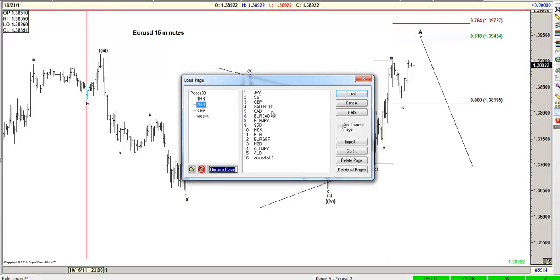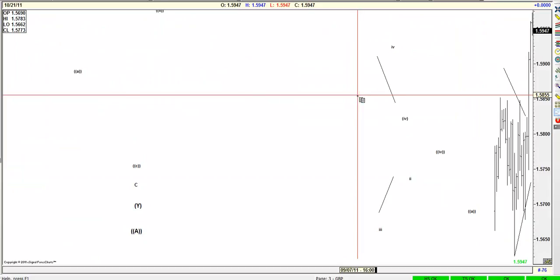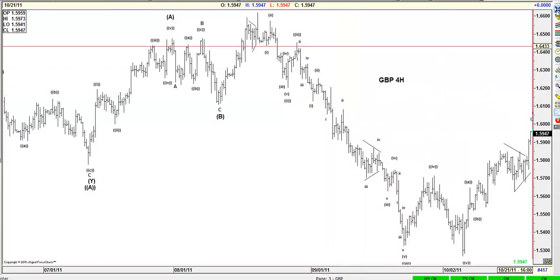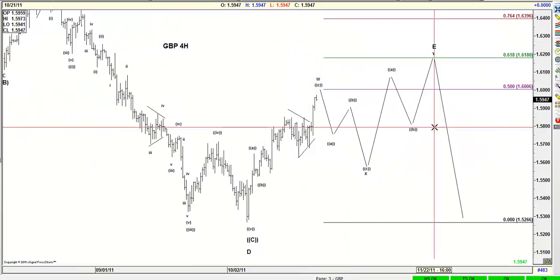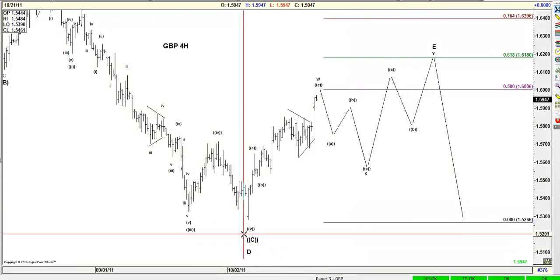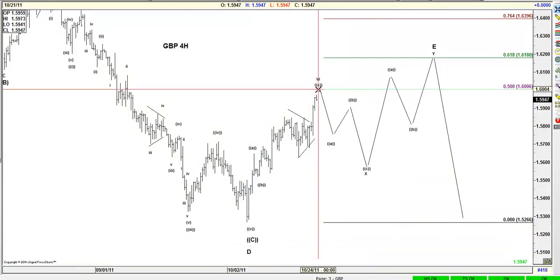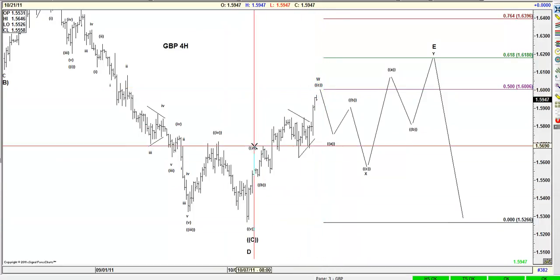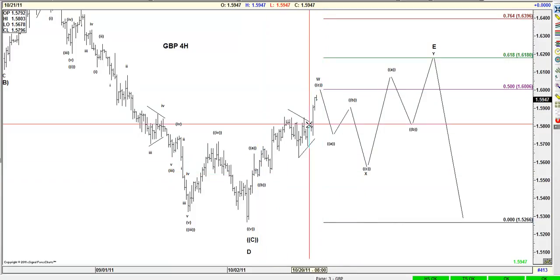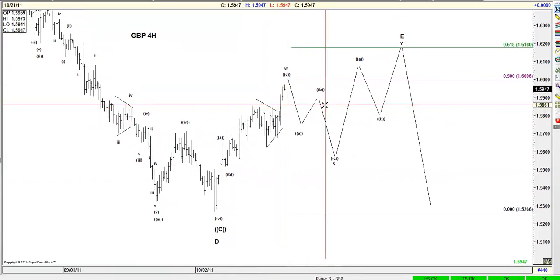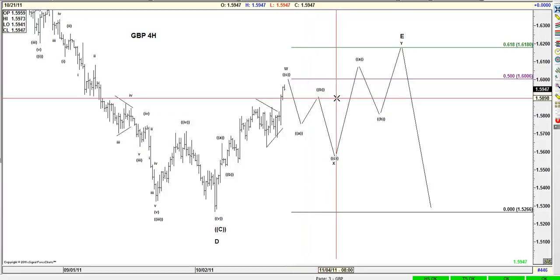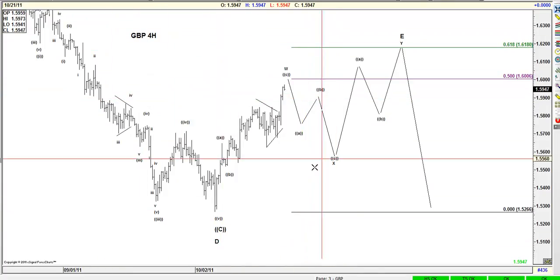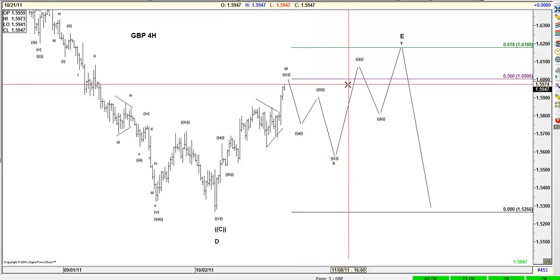A pair that is being very interesting is cable. Why cable? Because cable is not taking the form of a five wave from the lows. Cable is taking the form of A, B, C as a B wave, when A is a double zigzag, B and C. But look, cable is almost at the 50% retracement of the D wave, which comes at 160.06.